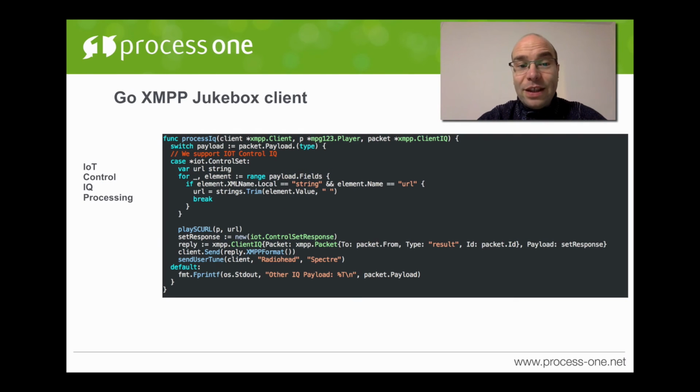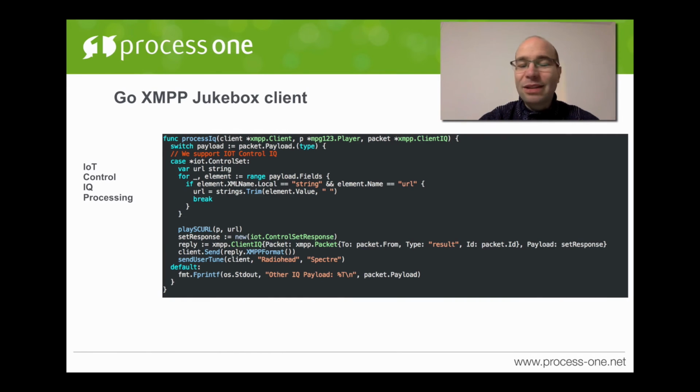Then you have the process IQ, which is an alternative way to play songs. So you can either send a message or send an IQ. When you process IQ, you check the first case, is that the IoT control set IQ? And if this is the case, we will be doing somewhat the same. We will be extracting the URL from the control IQ packet, and playing that URL.